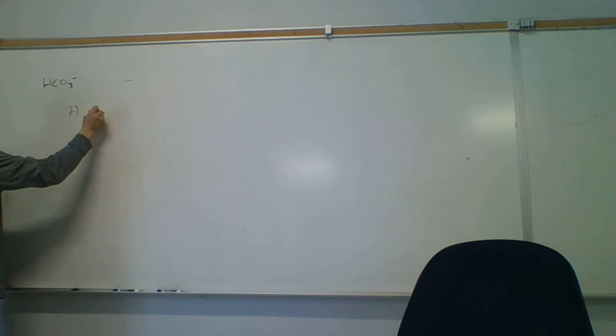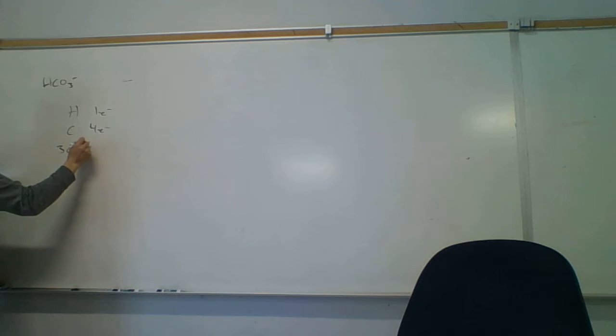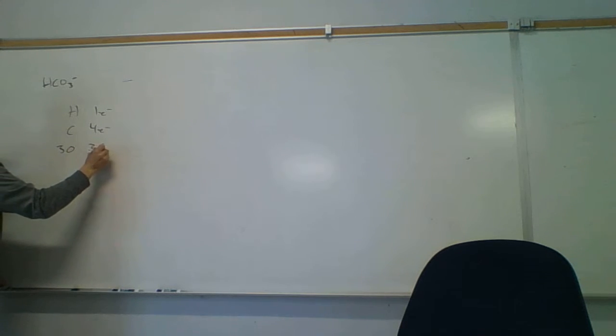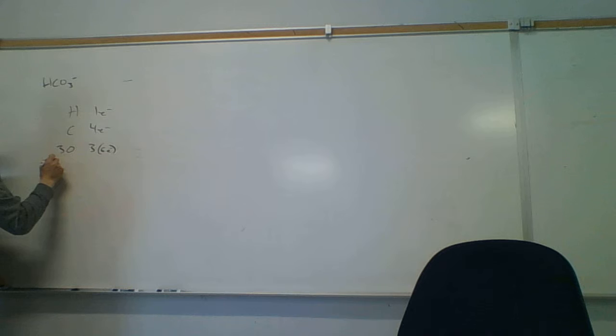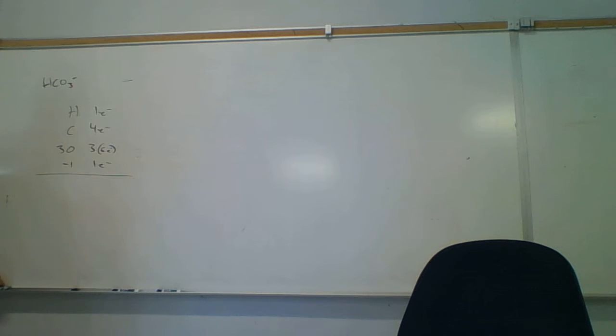Hydrogen has 1 electron, carbon has 4 valence electrons, and 3 oxygens, each with 6, gives 3 times 6, which is 18. And then the -1 charge is an extra electron. So 1 plus 4 plus 18 is 23, plus 1 is 24 electrons total.